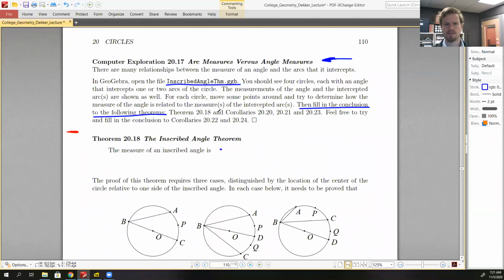It looks like there's one of them, 20.19, that it doesn't necessarily ask you to fill in, and then fill in for all of the remaining: 18, 19, not so much, 20, 21, 22, 23, and 24.